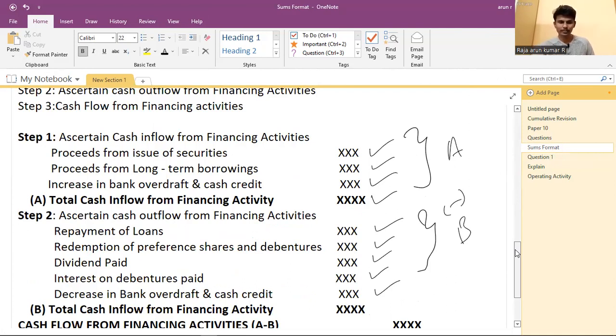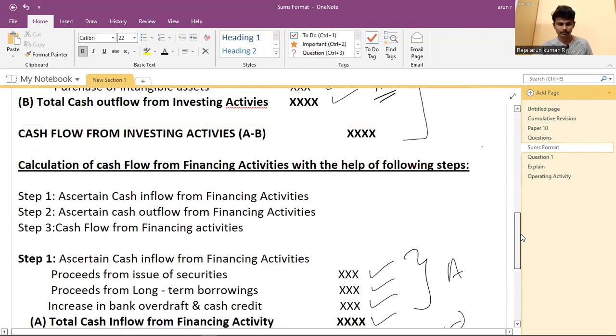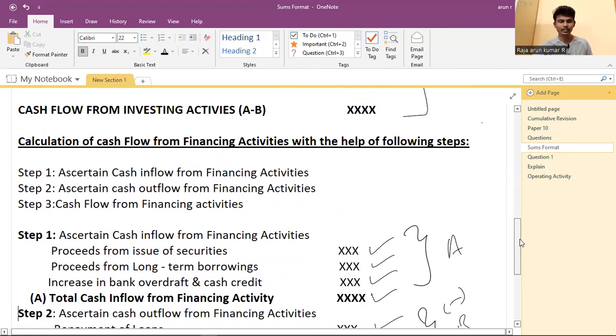In the financing activity there are also 3 steps, same as our investing activity: cash inflow of financing activity, cash outflow of financing activity, and cash flow from financing activity.